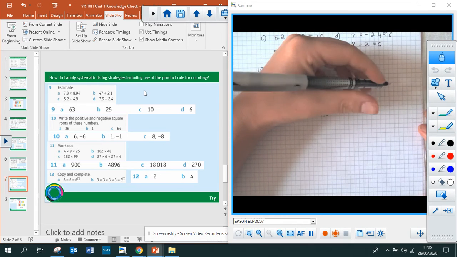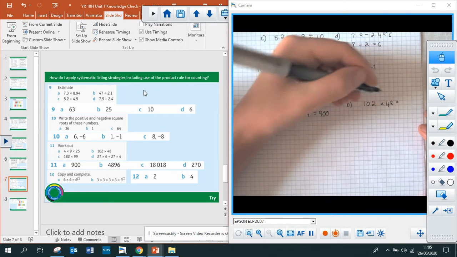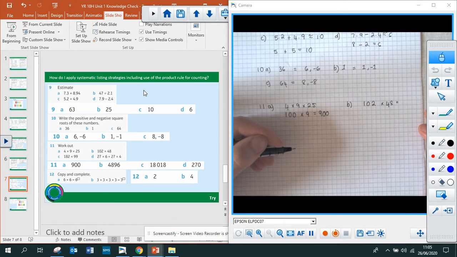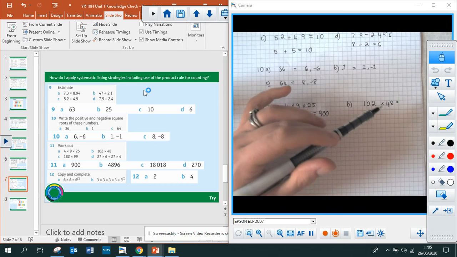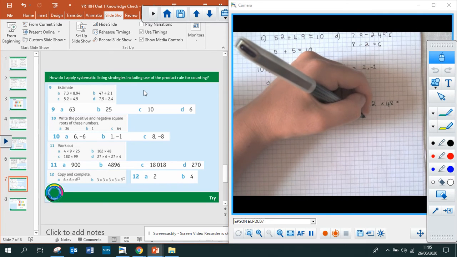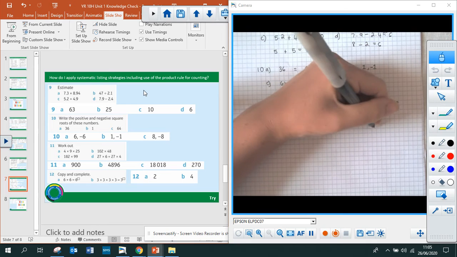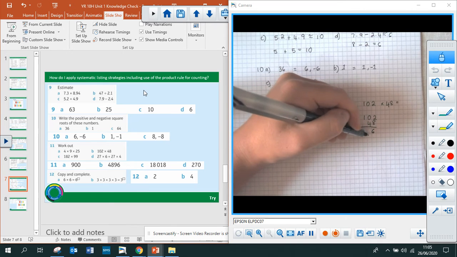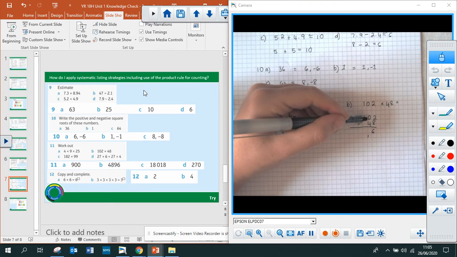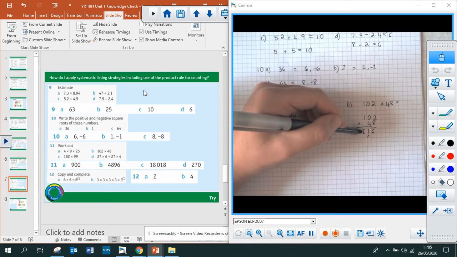So B is 102 multiplied by 48. So it's up to you how you do it. You could partition it and do 100 times 48 and then 2 times 48 and add them together, or you can just do your column method and do 102 multiplied by 48. Okay, 8 times 2 is 16. 8 times 0 is 0, add 1 is 1. 8 times 1 is 8.